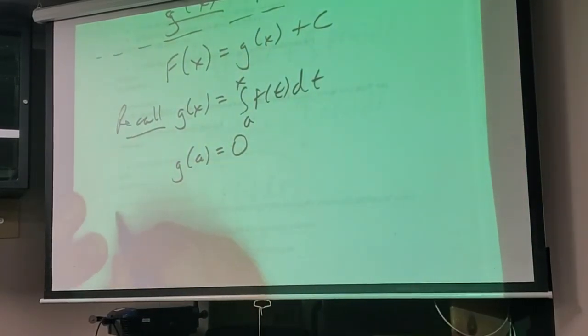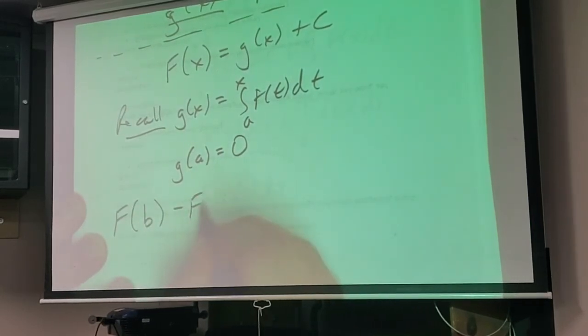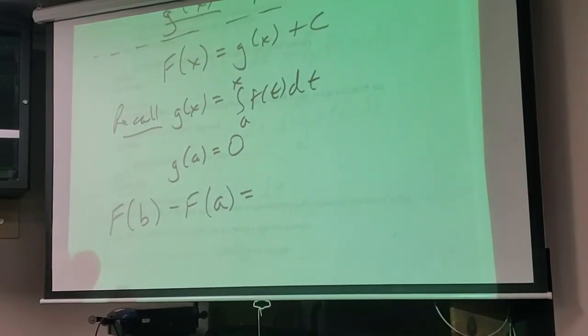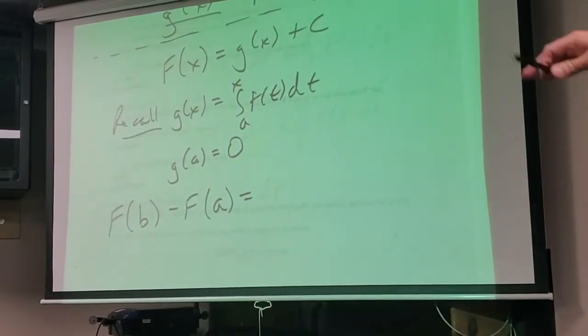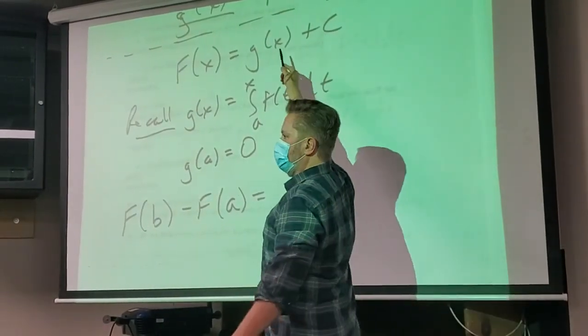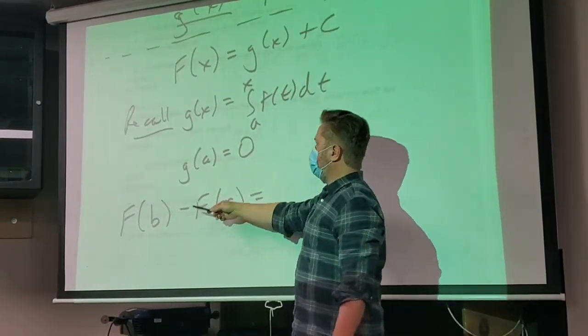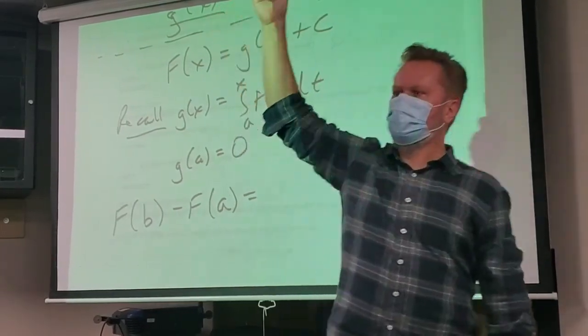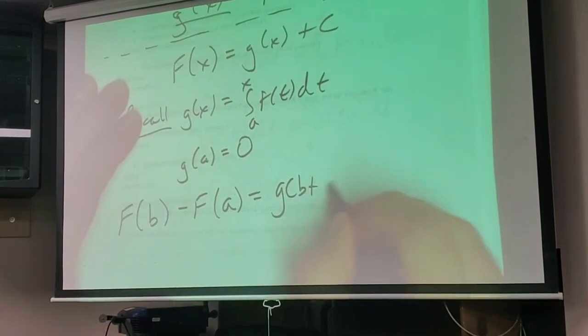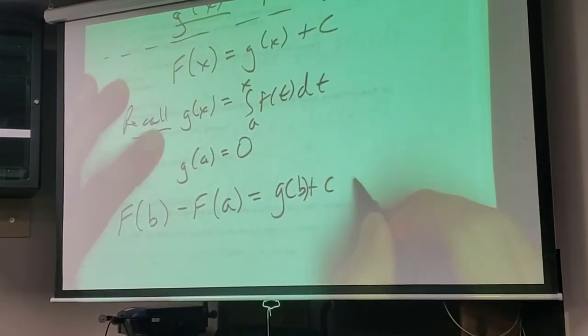So help me out now. Big F of b minus big F of a. All right, this is not hard, right? What is big F? What's the only thing we know about big F right now? It's equal to this thing, right? So what's big F of b? G of b plus c, yes? There you go. And what's big F of a?